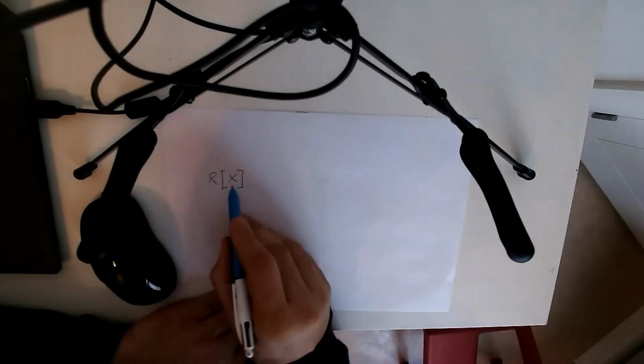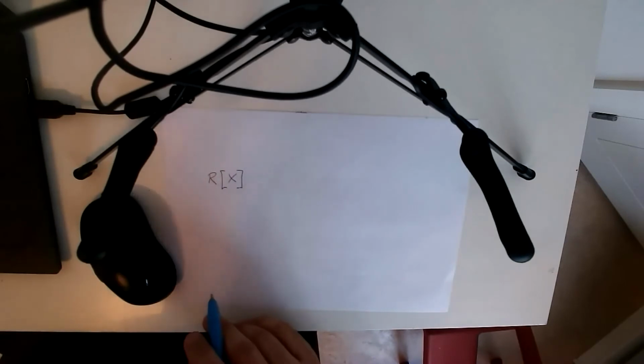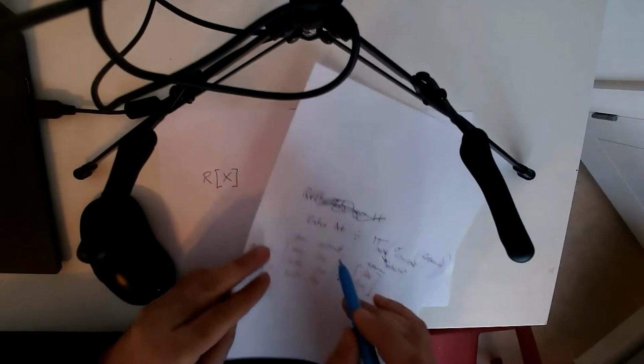Now, X right here represents a set of attributes. If we go back to R, which is going to represent eat, the set of attributes would be person and restaurant.